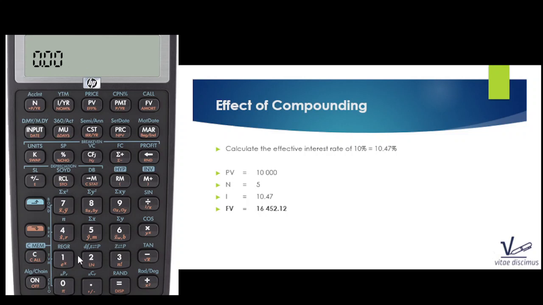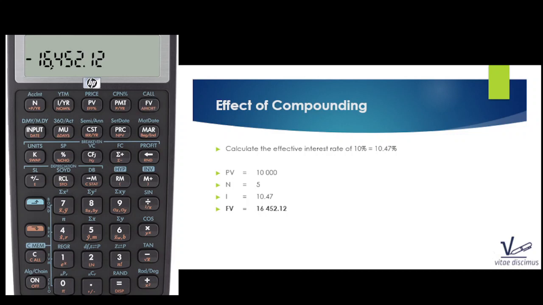So we now say that the 10,000 that she's investing there will be a present value, then 5 is the N, then we take the 10.47 interest, then we compute the future value.